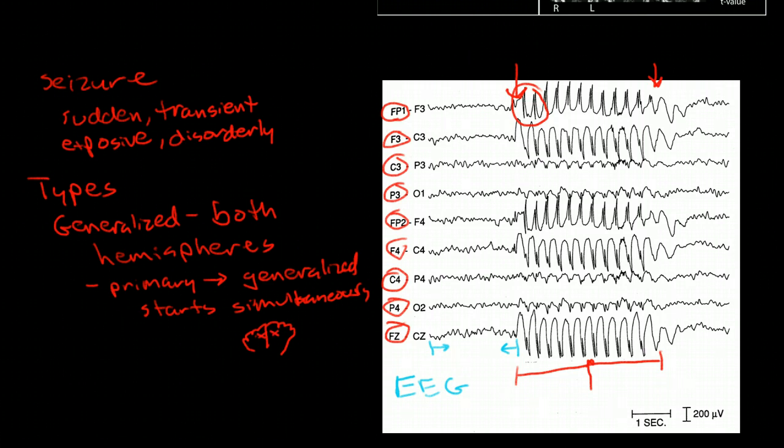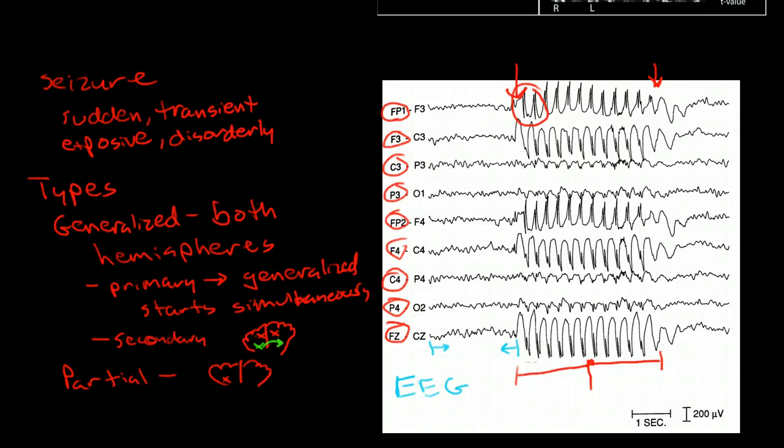Okay? Now, the next type of seizure that I want to talk about is a partial seizure. With a partial seizure, these are the two hemispheres of the brain, it's only going to start in one hemisphere. And it's going to also end in one hemisphere. A secondary generalized seizure, let me use a different color here, will start in one side and spread to the other side.